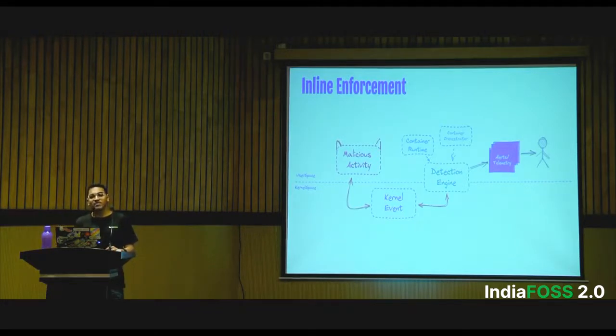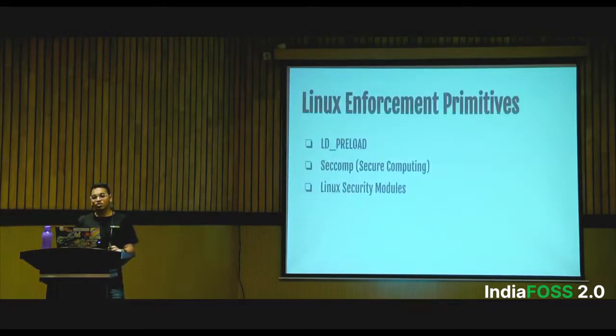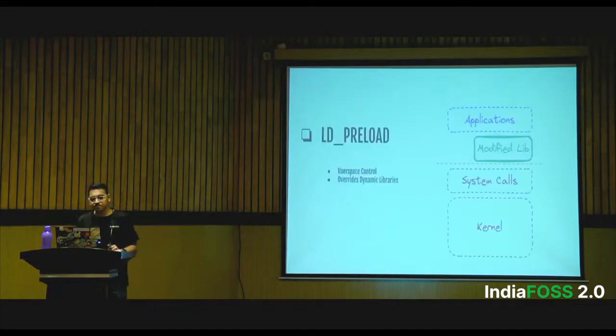And that's what inline enforcement is all about, which is important to container runtime security. So what tools and primitives do we have for this Linux inline enforcement? We have LD_PRELOAD, seccomp, Linux security modules. Let's go through each of them and see the pros and cons.